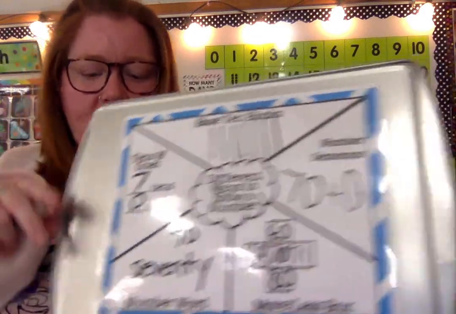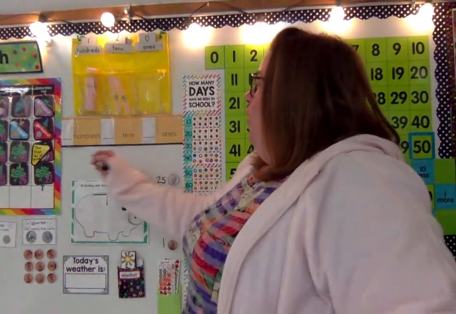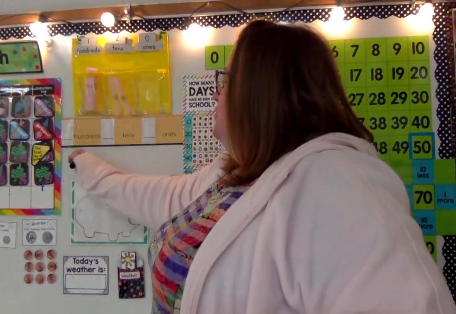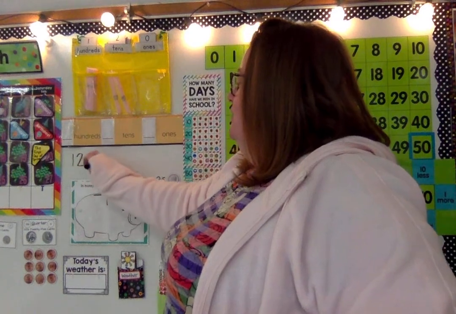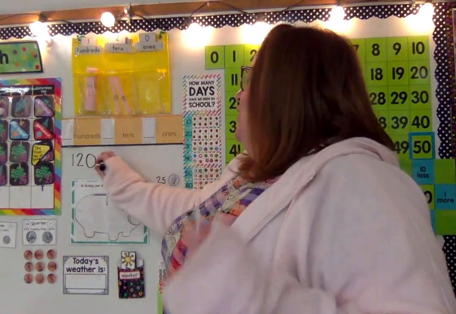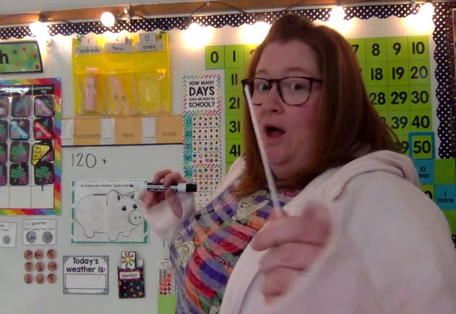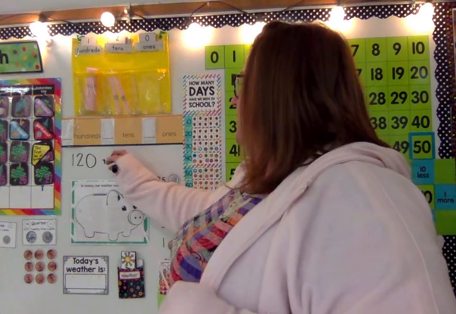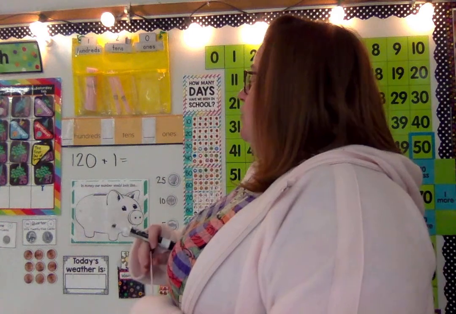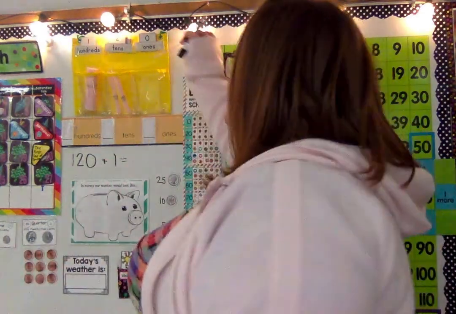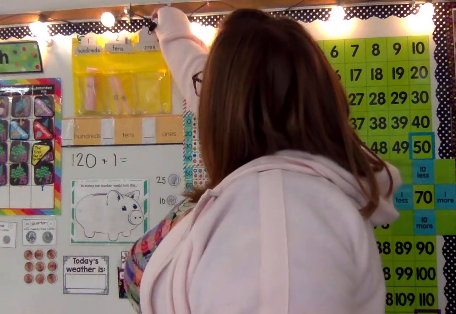You got it. Oh, yesterday we had 100, 2 tens and 0 ones for 120. We're going to add one more. So it's 0 and one more. 1, right? Just one more. So now we have 1.